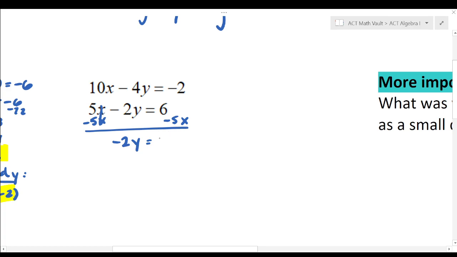So I'm trying to get y by itself. And why is that? Well, because if I try to get y by itself here, I'd have two fractions. Getting y by itself here would give me only one fraction I have to deal with. Getting x by itself here would involve two fractions.